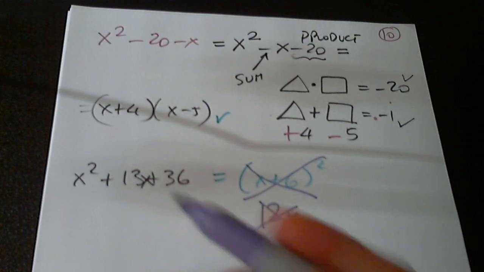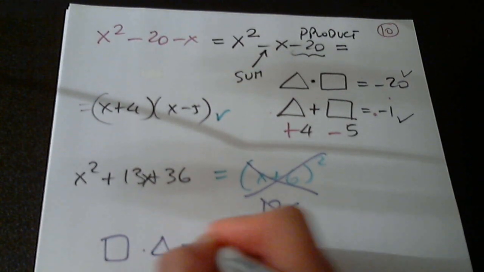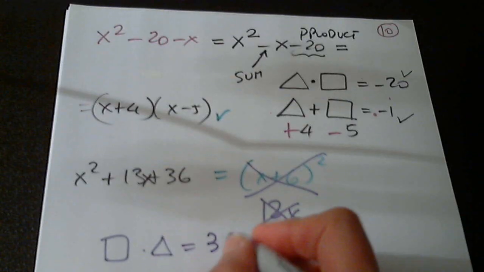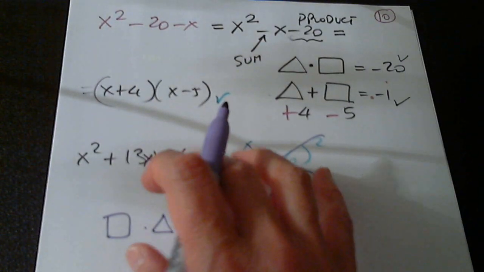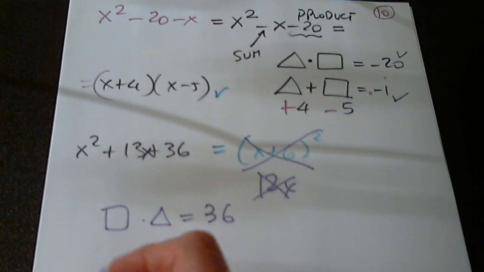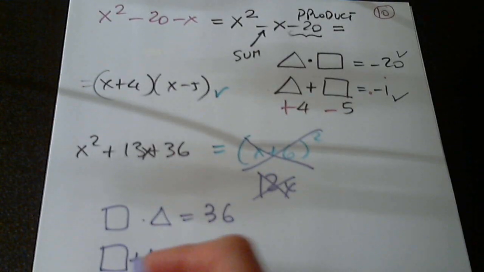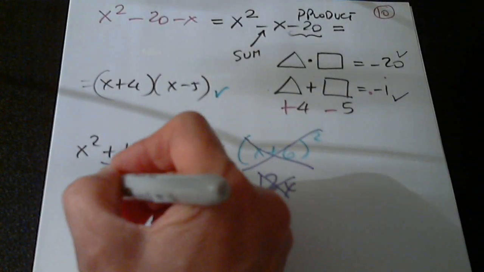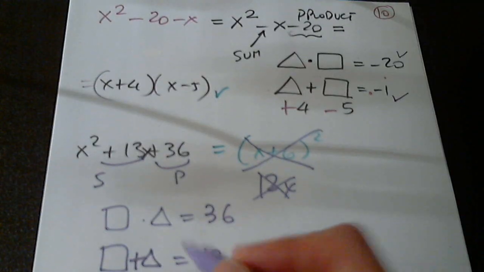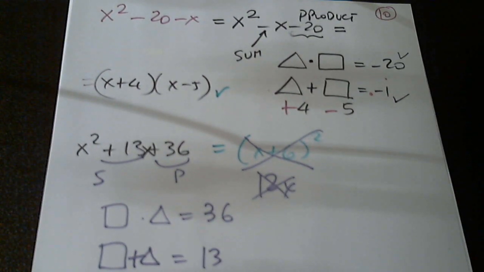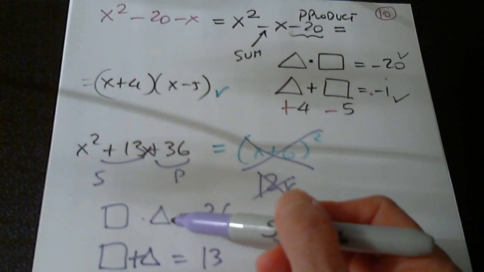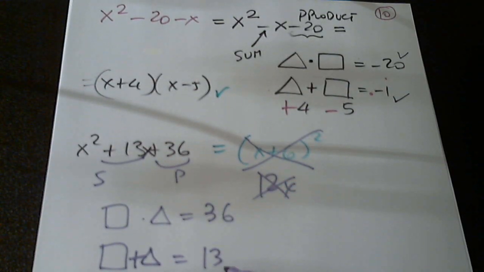In that case, I'm looking for two numbers whose product is 36, always the last number in descending order, of course, and whose sum is 13. This is the sum, this is the product. We need to find two numbers, both positive. How do I know? They have to have the same sign, and when I add them, they have to be 13.